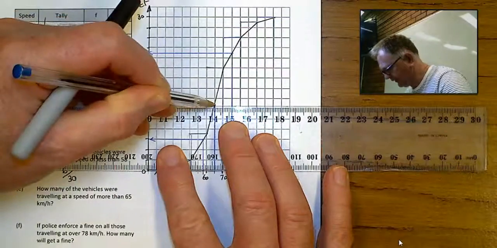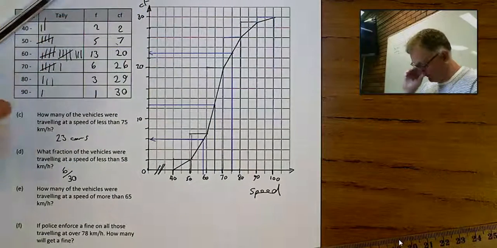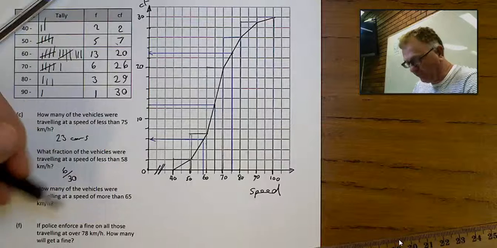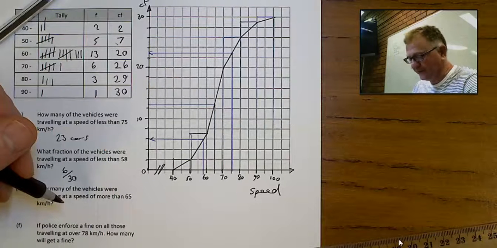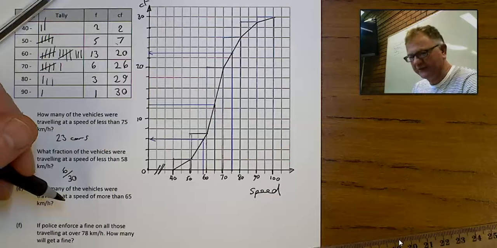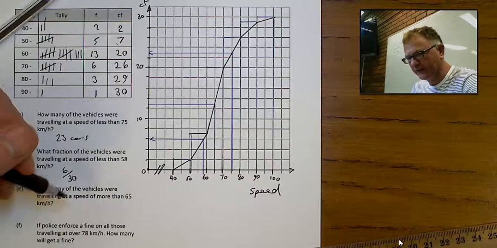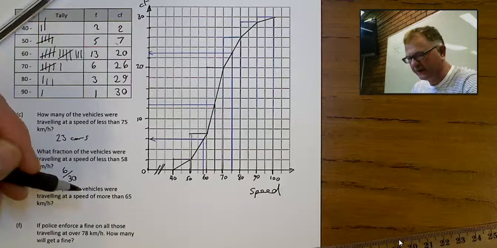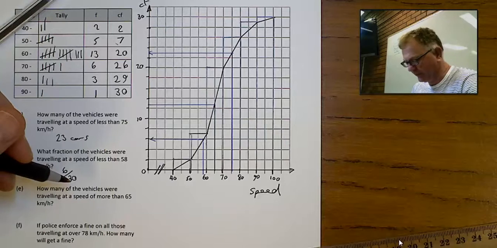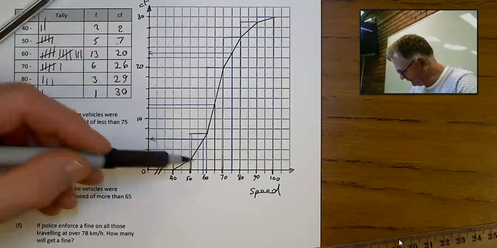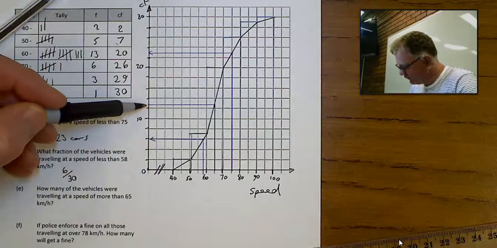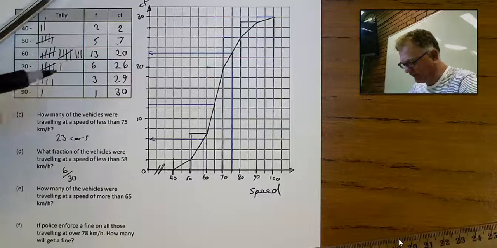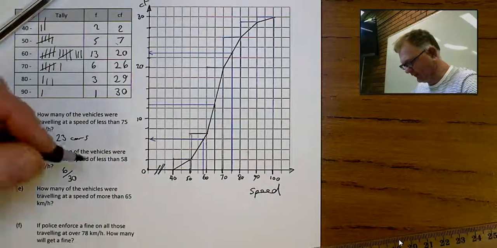If the question said how many were travelling at a speed of 65 or of a speed less than, it doesn't really make any difference. There's no real difference between those things. Now I get up here 12, probably nearer 13 cars were travelling at a speed of less than 65.